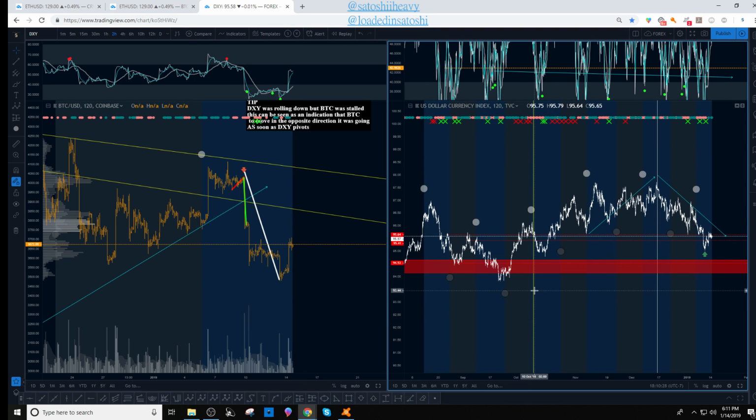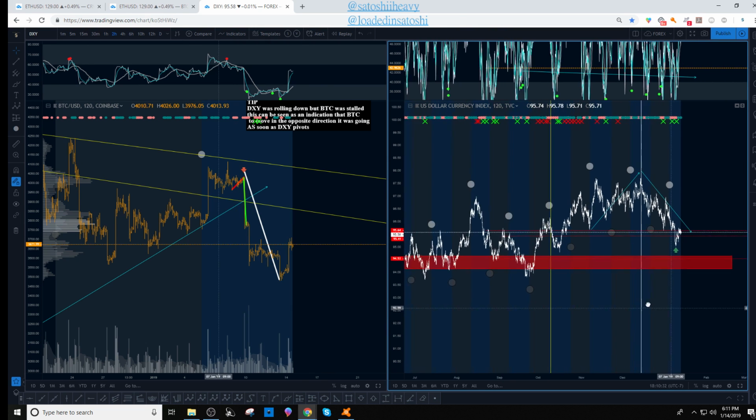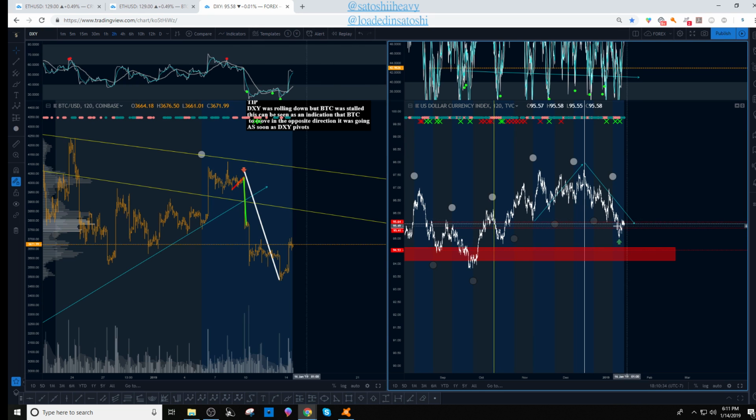Dang. I prefer the dollar to reach down here in this red zone. That'd be perfect. That's what I had initially, but it looks like we go either way now.